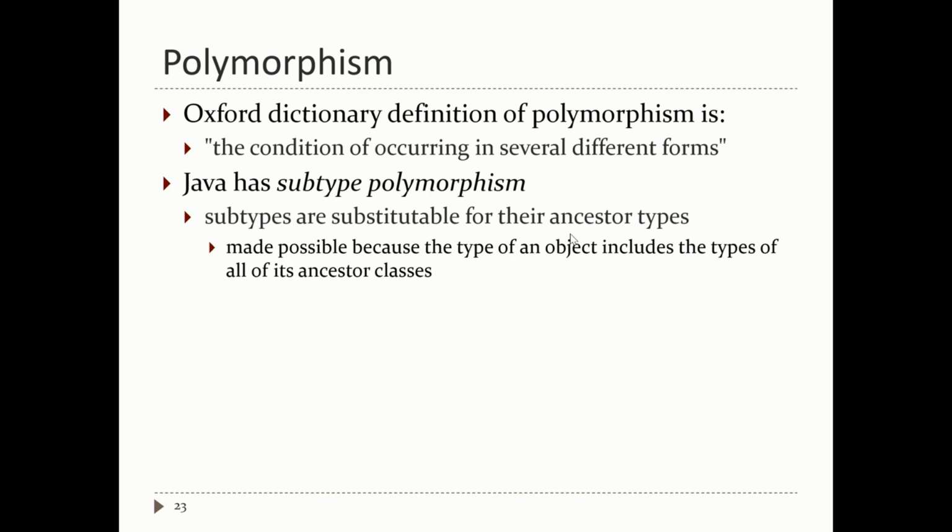That's what inheritance means. And for that to work, one of a subclass's types must also be the ancestor type. Because the type of an object includes the type of all its ancestor classes, that's how the Java language provides polymorphism.